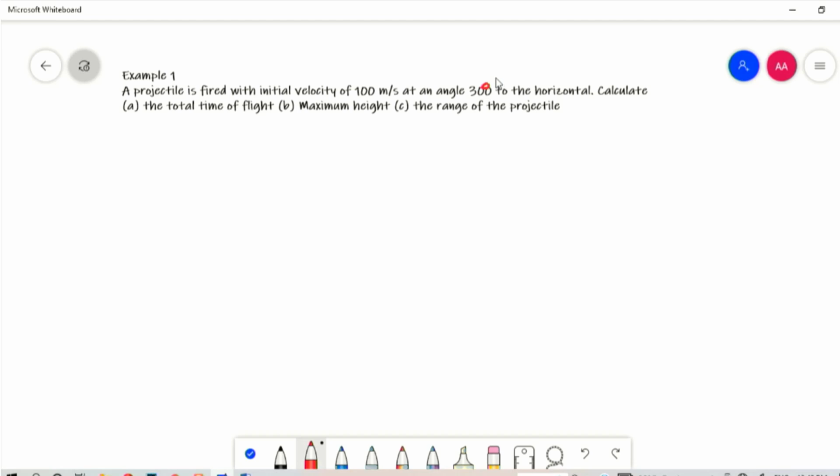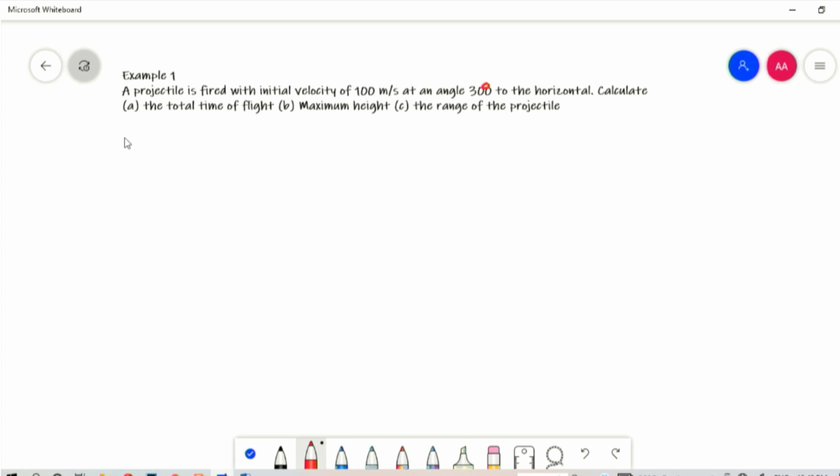Calculate A, the total time of flight, B, the maximum height, and C, the range of the projectile. Let's look at the solution. It is very simple to solve. All you need to do is to write your formula and then substitute the parameters of velocity and angle there.